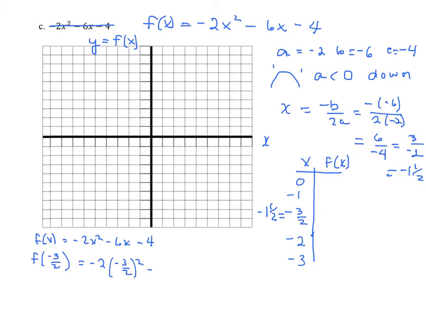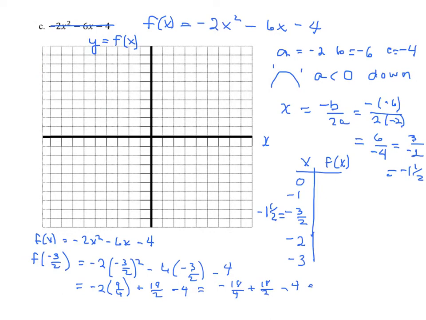Now, let's do little evaluations here. I'm going to plug it into my calculator, but I'm just going to show you that this is really 9/4 minus, this will be a plus 18 over 2 minus 4. So it's going to be negative 18 over 4 plus 18 over 2 minus 4.